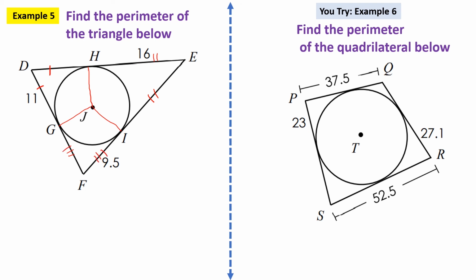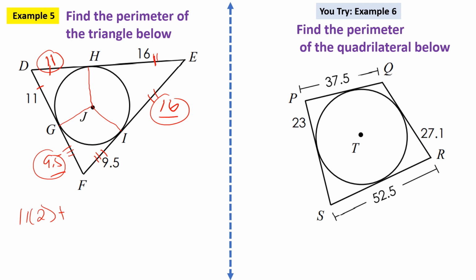And so DH would be 11, EI would be 16, and GF would be 9.5. So these are what I've written down using the property we just learned. And then, of course, I just want to add the sides. So I'm going to do 11 times 2 plus 16 times 2 plus 9.5 times 2.